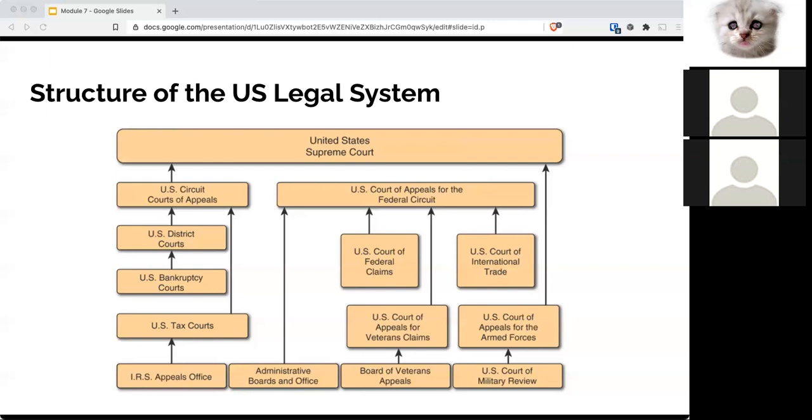A hung jury will occur when the jury cannot come to a unanimous decision and a retrial must occur. This is not necessary in a civil trial. The jury can also decide financial issues in a civil trial. It's the responsibility of the judge to determine the sentence.